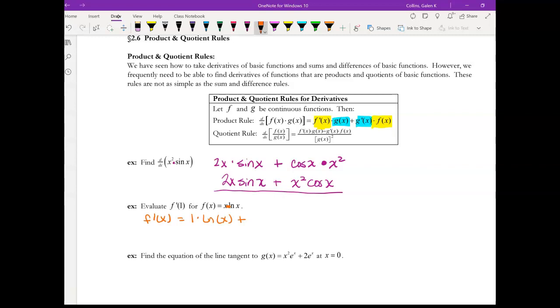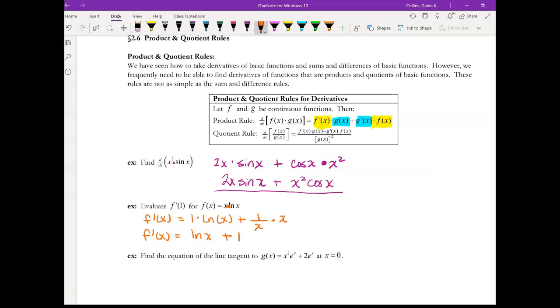And then we will add to that the derivative of the second function, 1 over x being the derivative of the natural log of x, times the first function. If we simplify this a little bit, that just becomes the natural log of x plus 1, because x times 1 over x is x over x, which is 1.